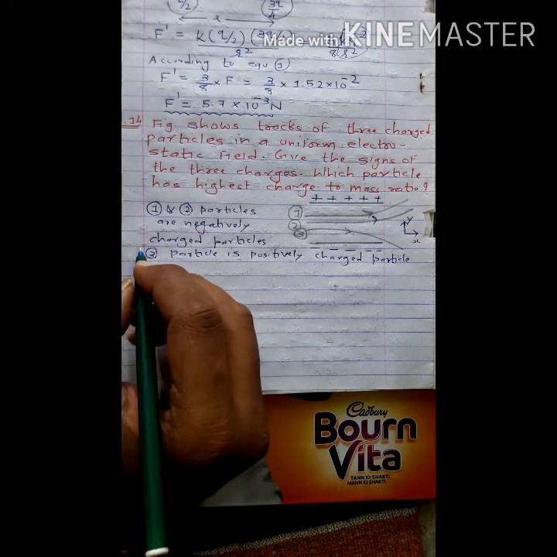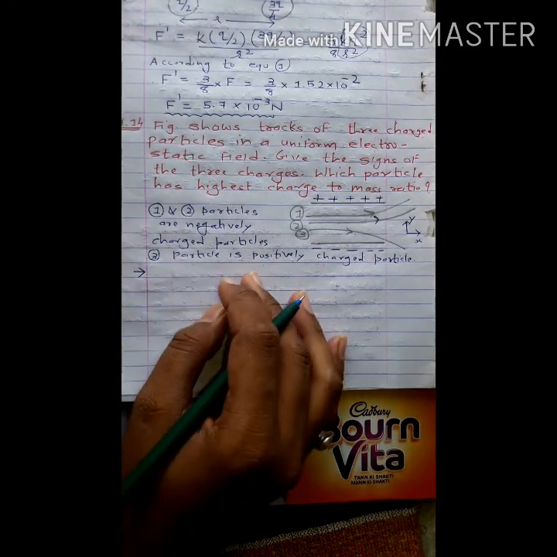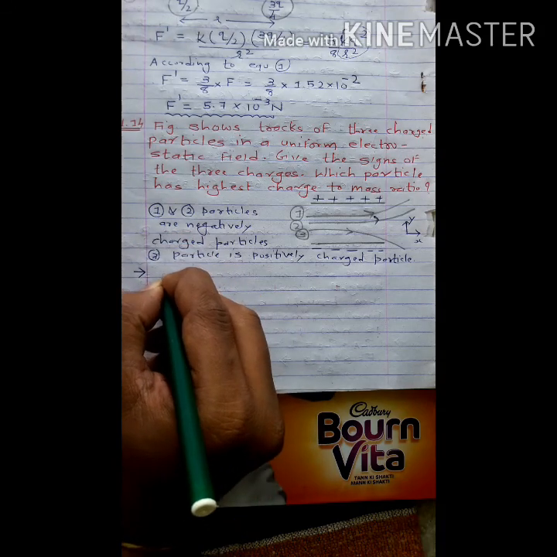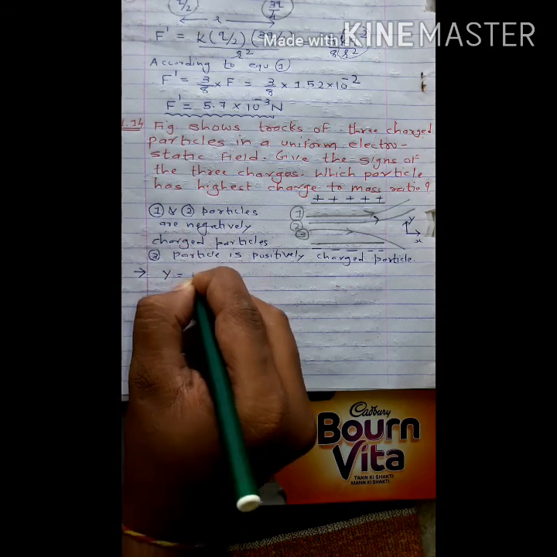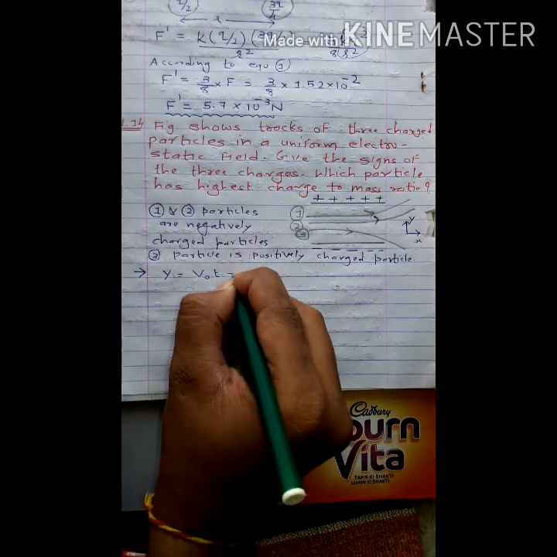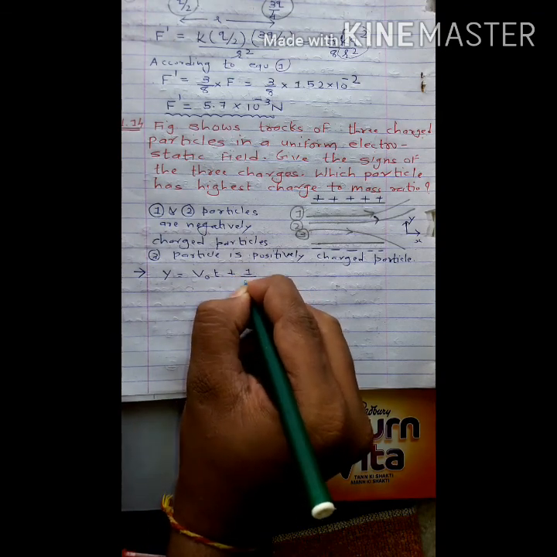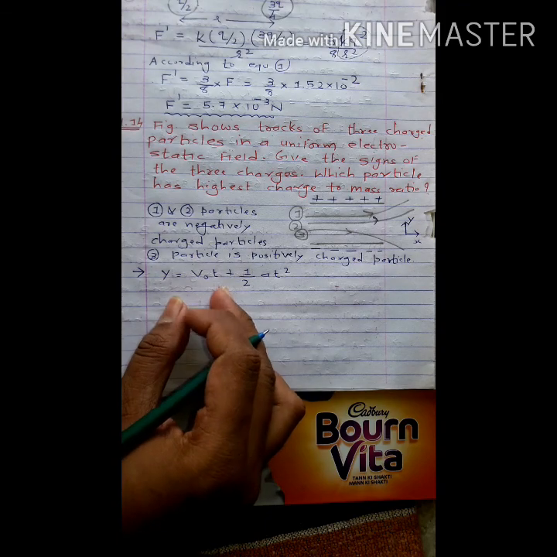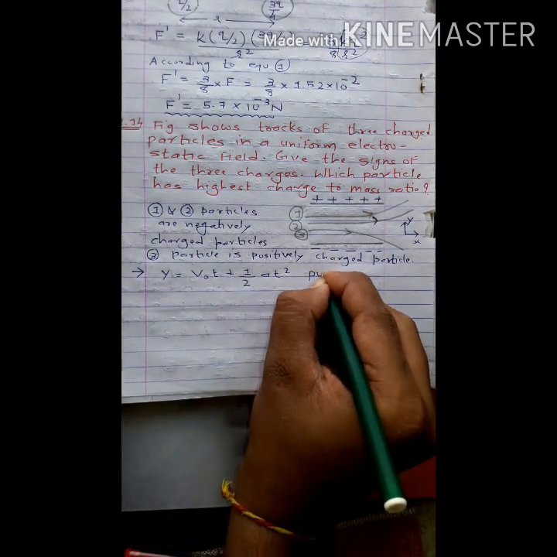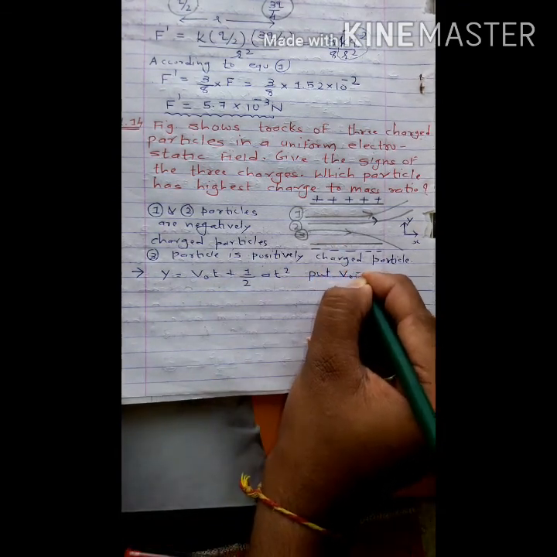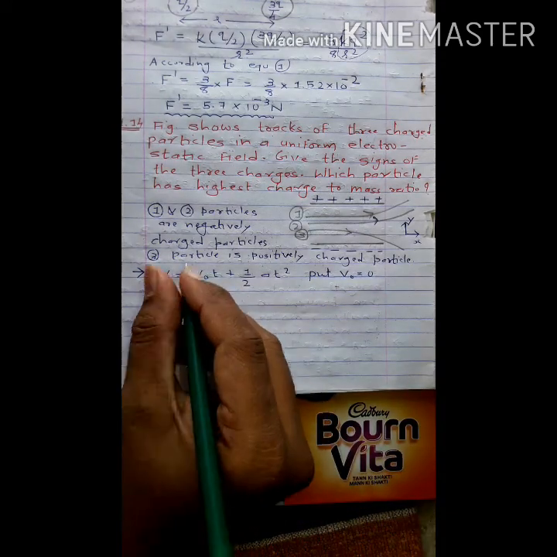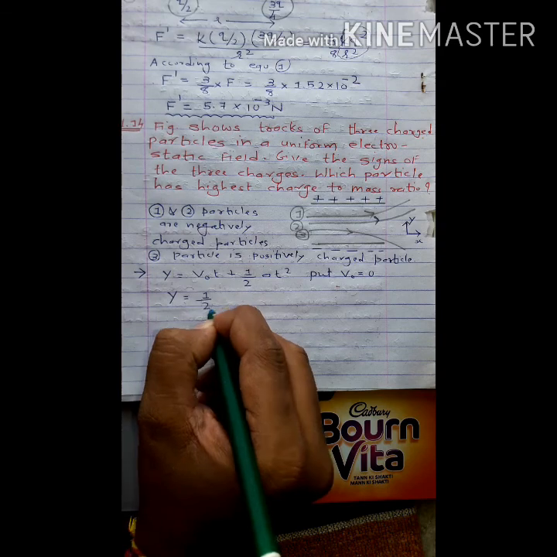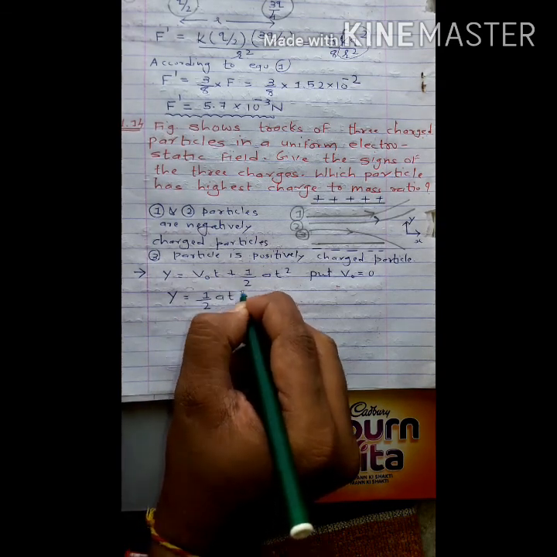To find the charge to mass ratio, here we will use the equation of uniformly accelerated motion: y is equal to v0t plus 1 by 2 at square. Here we consider initial velocity v0 equal to 0, so the first term becomes 0 and y is equal to only 1 by 2 at square.